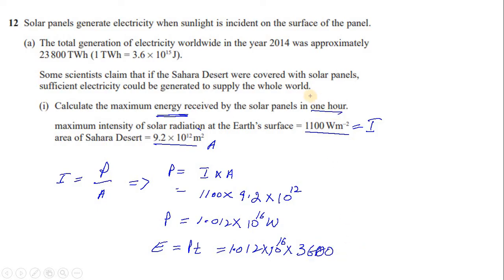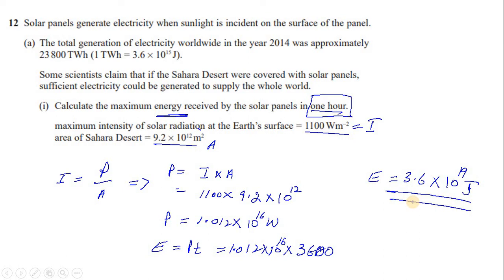Not 1 day, I'm sorry, 1 hour, 3600. So energy is 3.6 × 10^19 joule. This is the amount of energy produced if Sahara Desert is covered in this area in 1 hour.